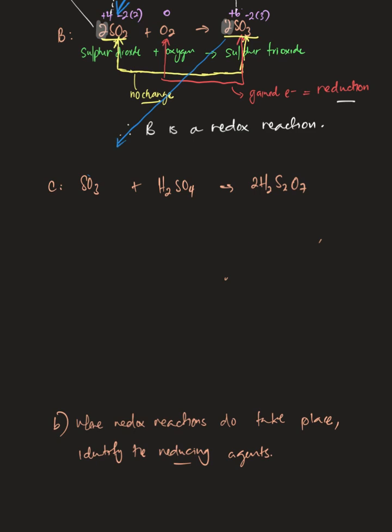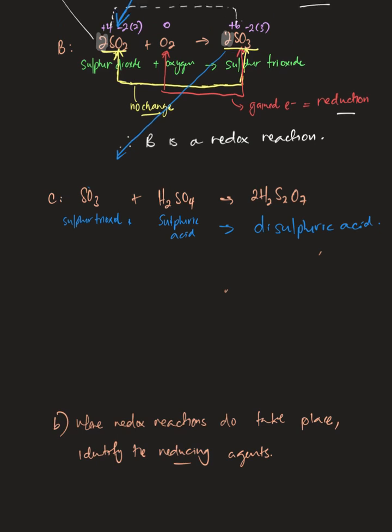So you've got sulfur trioxide plus sulfuric acid, and that's going to give me something called disulfuric acid. Disulfuric acid. Right. So let's have a look now at how that's going to work.